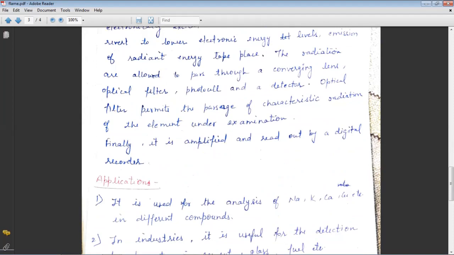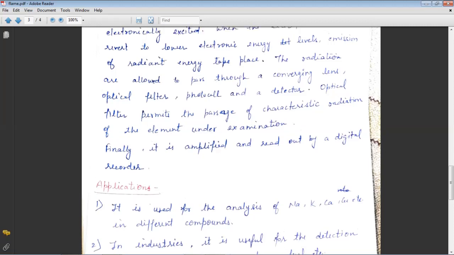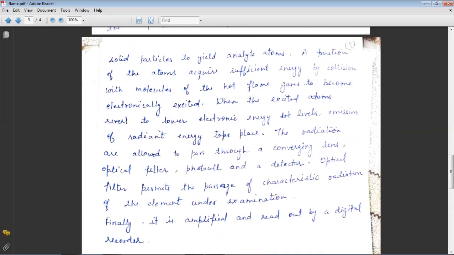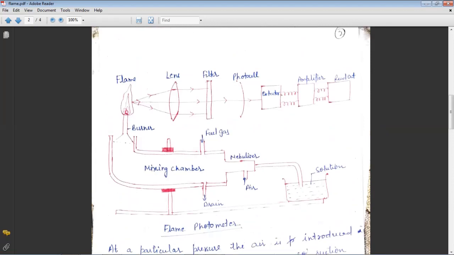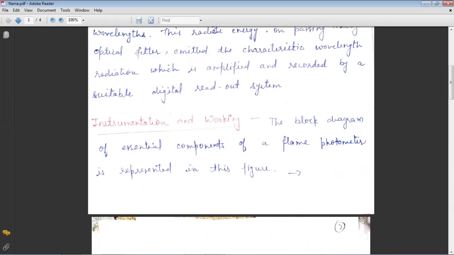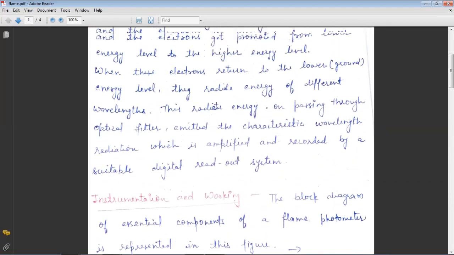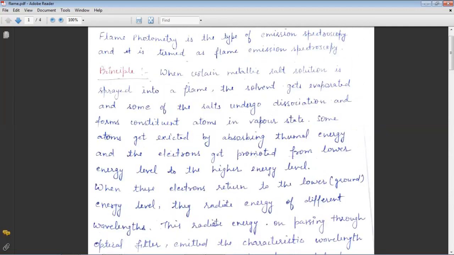Okay, so this is the process of flame photometry. Clear? So this is the instrument and the procedure of the flame photometer. Before the instrumentation and working, we have already discussed the principle.